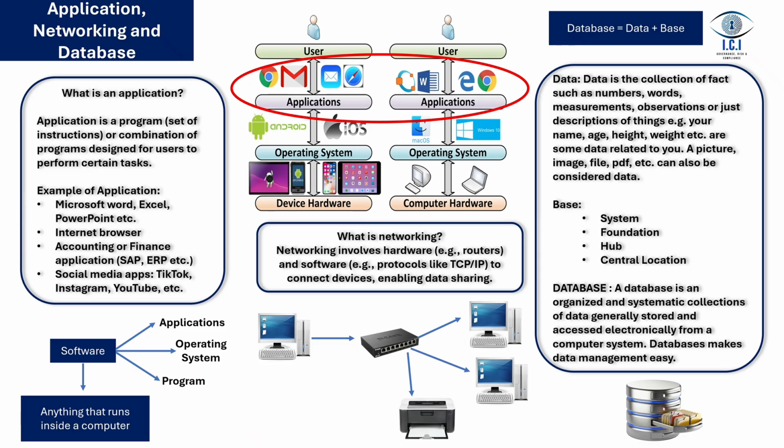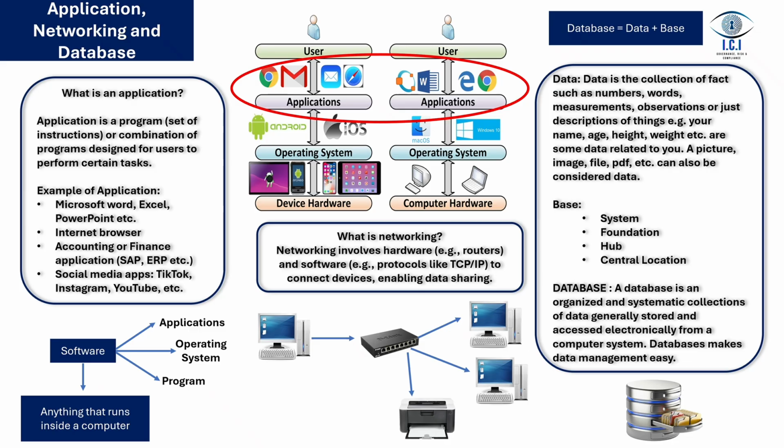If you combine data and base together, the definition of database is an organized and systematic collection of data. Let's not use big grammar to confuse ourselves. Basically, a database is a place whereby you arrange the data that is being shared.